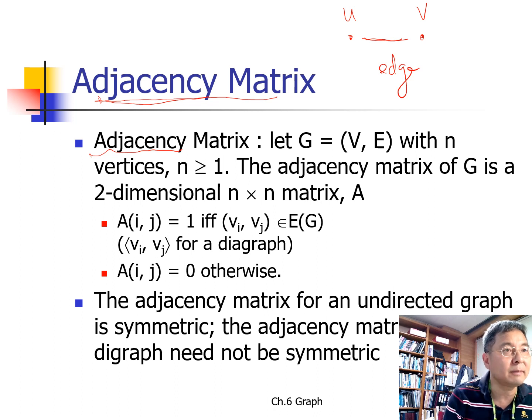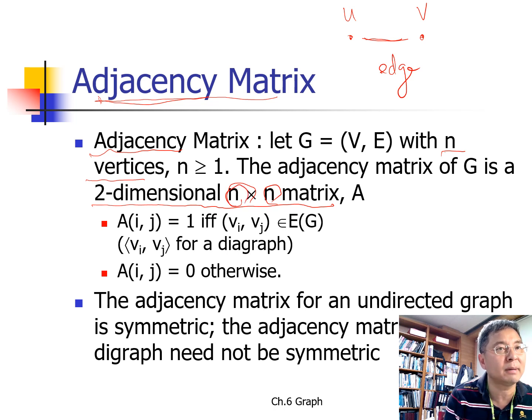If this graph G has n vertices, then the adjacency matrix becomes a two-dimensional array, a two-dimensional matrix. The size is n by n, where n is the number of vertices. The matrix value becomes 1 if there is an edge between Vi and Vj.